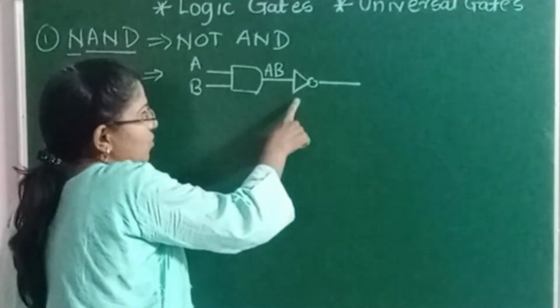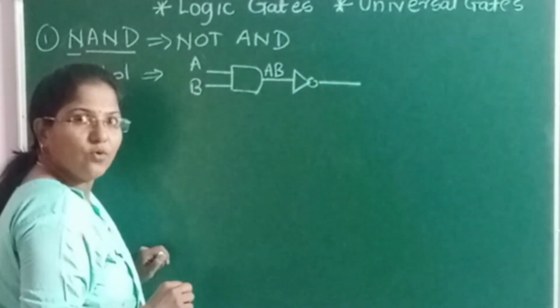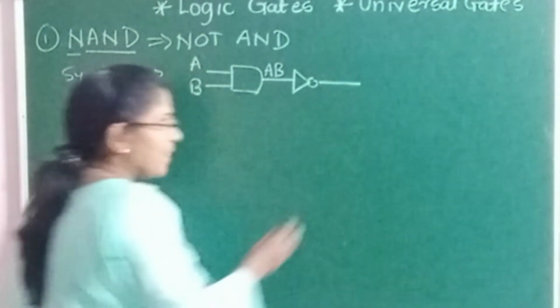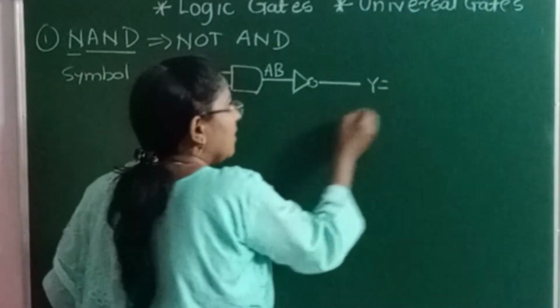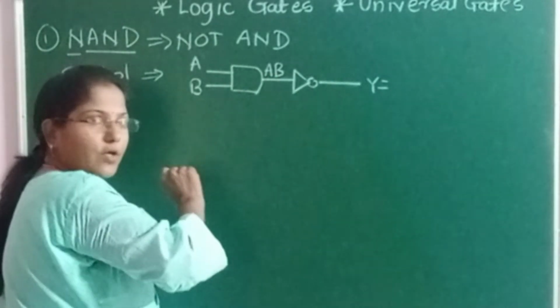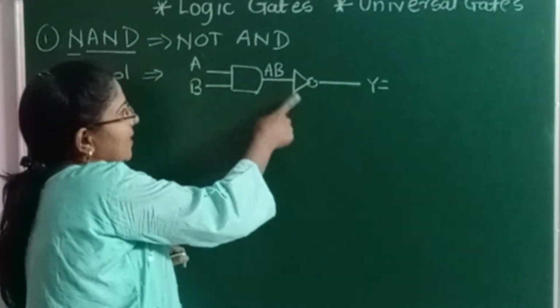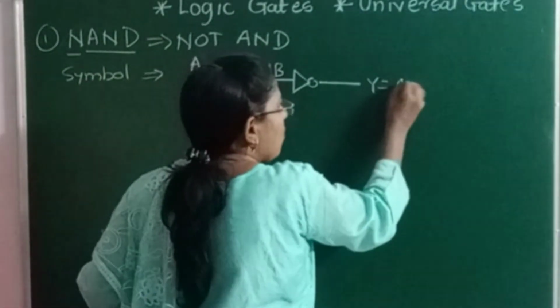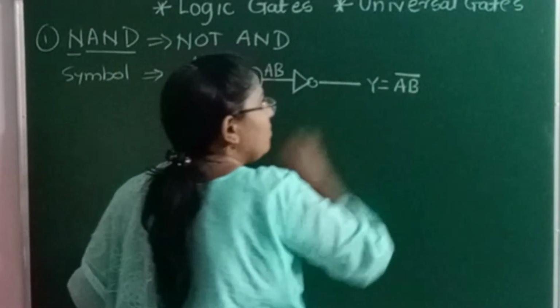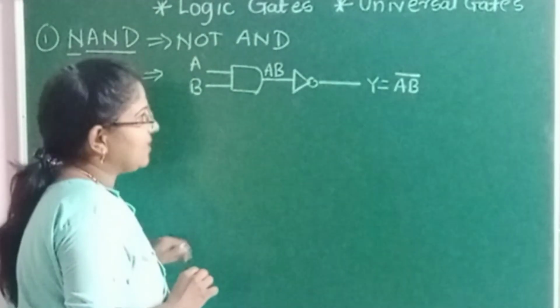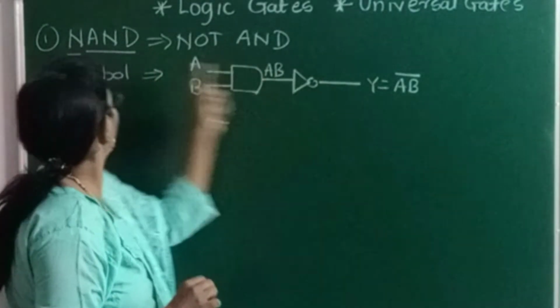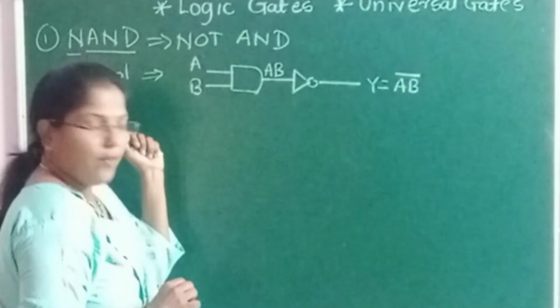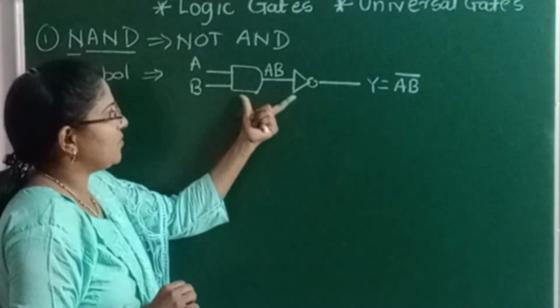The use of the NOT gate is to take the complement of its input. So what is the input for this NOT gate? That input is nothing but AB. So it will take the complement of its input AB. So this is the final Boolean expression for the NAND gate. But here two symbols we have to use.